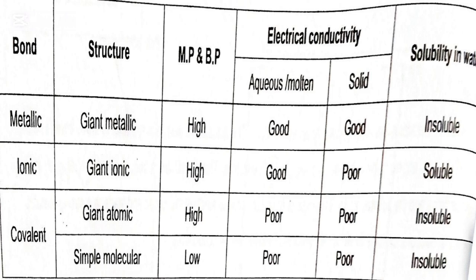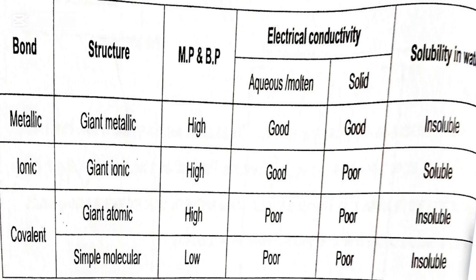Then finally we have the covalent bond, which has two types of structures, the giant atomic and simple molecular. The giant atomic structures have high melting and boiling points. They are poor conductors of electricity both in aqueous or molten and solid states, and they are insoluble in water.